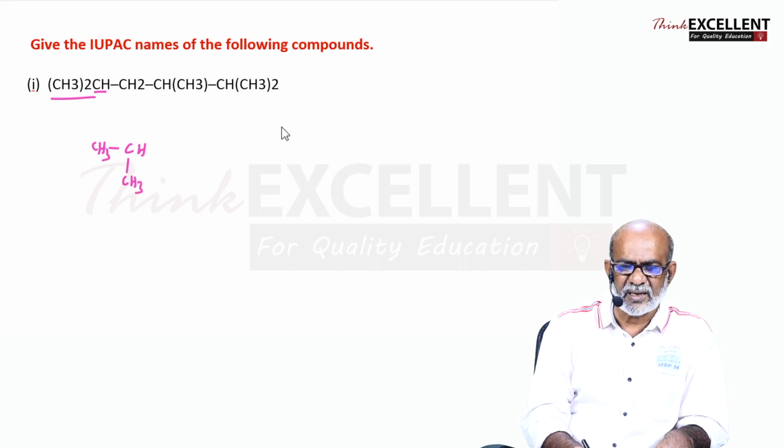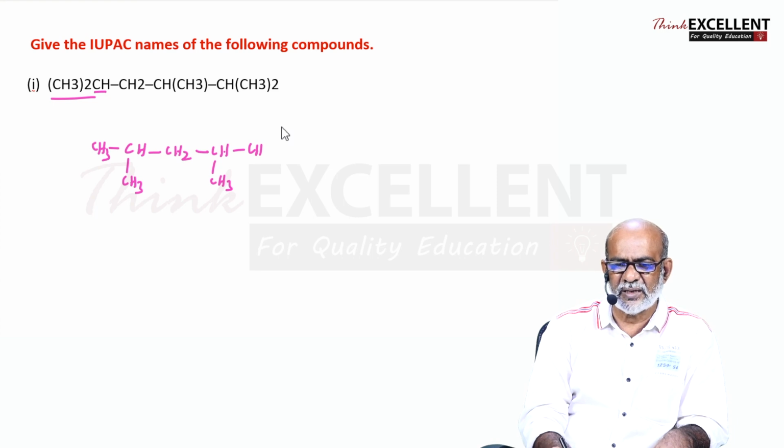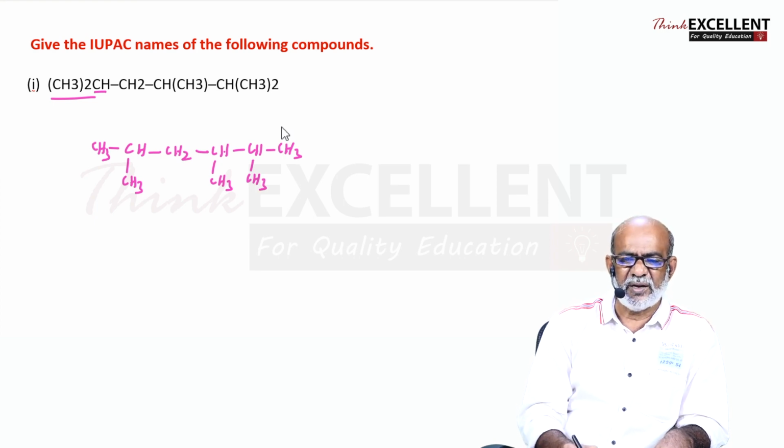So this CH contains 2 CH3. Then next CH2. Then next CH, which contains one CH3 as a branch. Next CH also has 2 CH3 present, and one CH3 as a branch. Now I start from here.